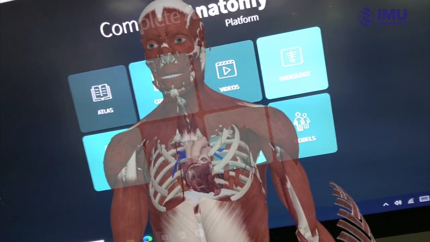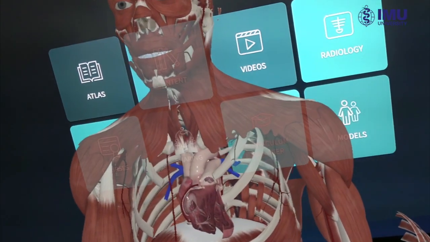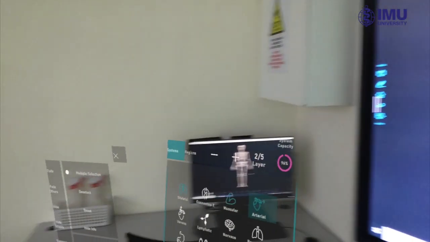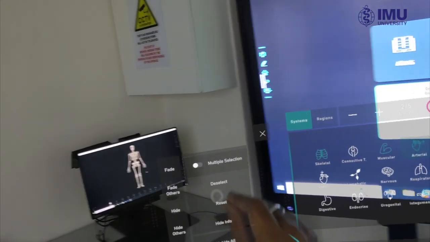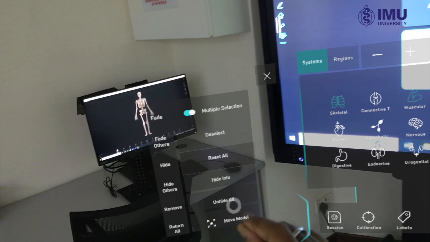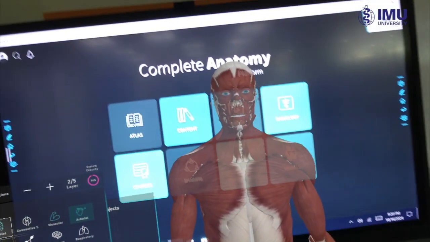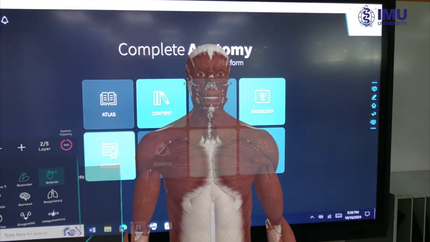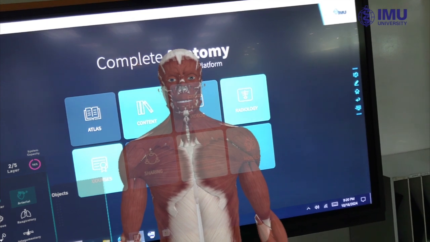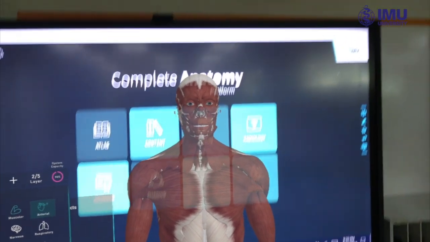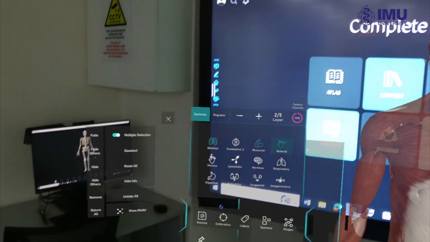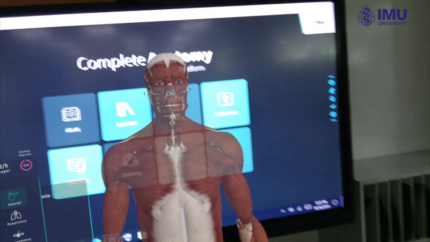If I want all the structures to come back together, I should use multiple selection and reset all. So you can see it comes back to the original position where you started, with the anterior thoracic wall with all the muscles. So we end the demonstration here. Thank you.